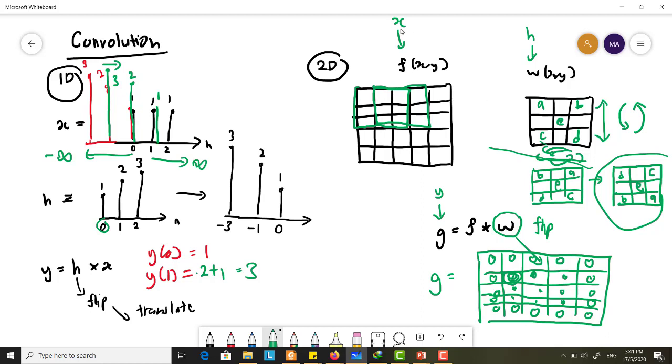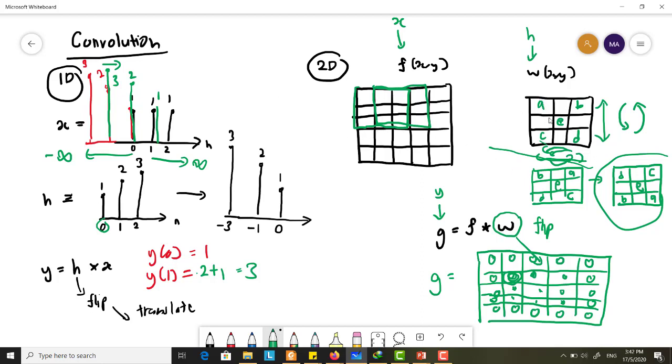When I talked about two-dimensional convolution in the image processing class or in the CNN module before, I ignored the flipping process. You can see that once I get my W here, when I apply the convolution, I just apply it directly.